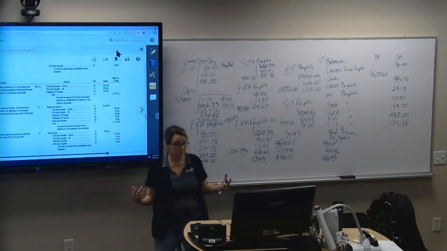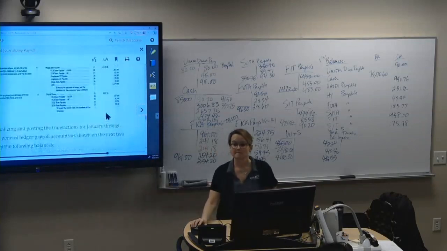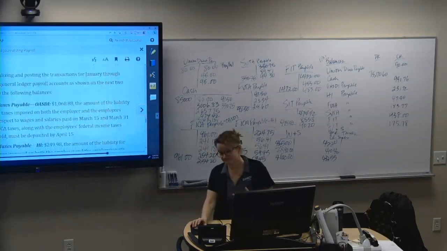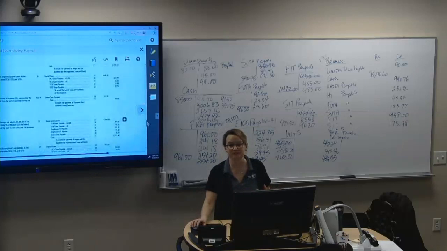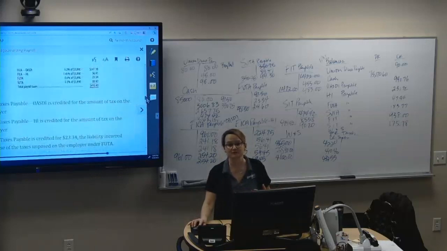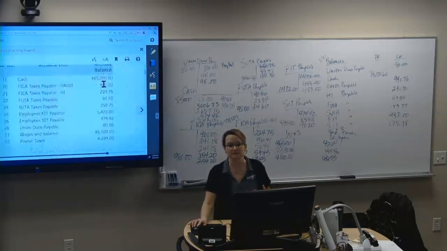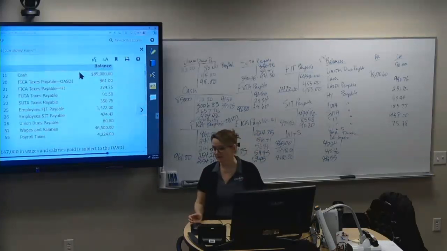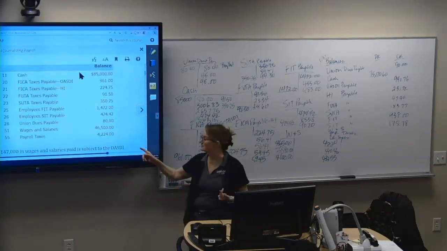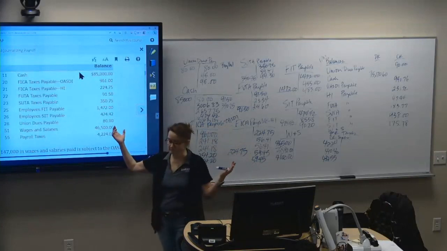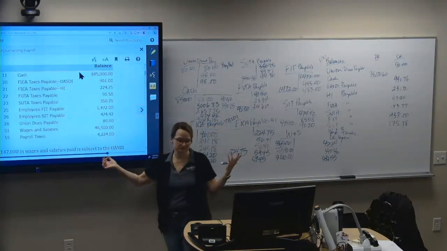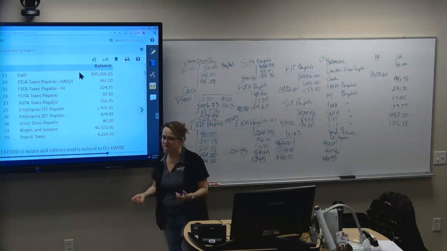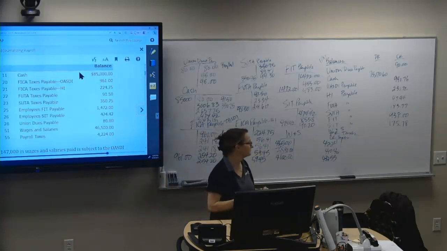This is for the whole first quarter. So we're missing something, that's why it's not balanced out, right? Yes, these are only the payroll related accounts. And obviously the cash is going to be affected by other accounts as well. But you can see there's no other expenses listed. So that's why it doesn't balance. Sorry.